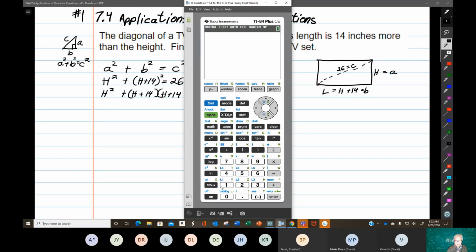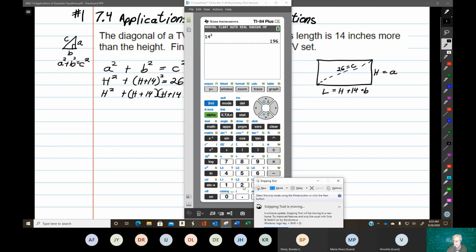Okay, so 14 times 14, I'm going to do that. I know we did it before, but still. All right, 196. 14 squared is 196, and 26 squared is 676.